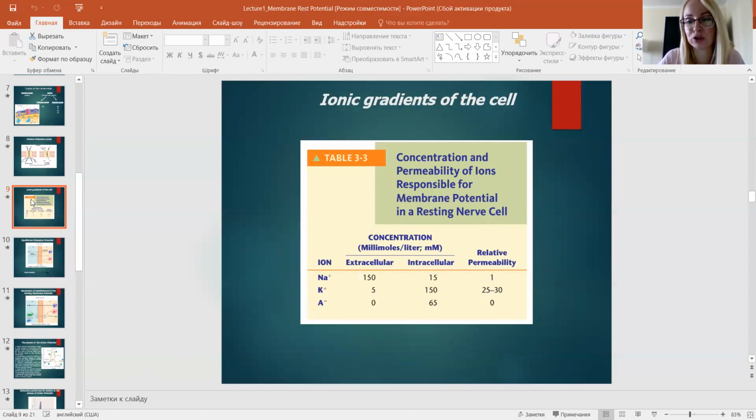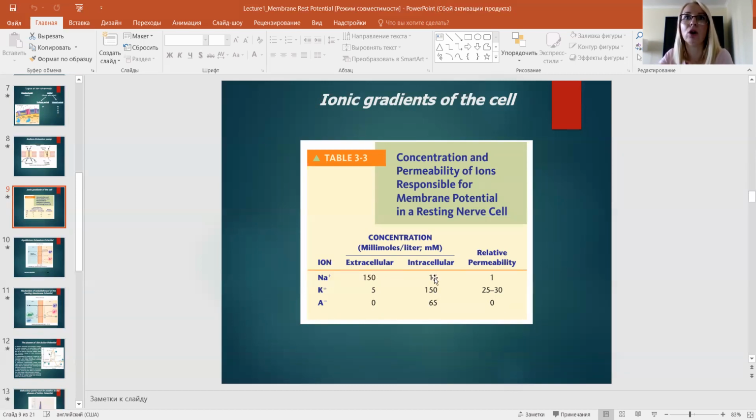So the sodium-potassium pump, as you understood, creates ionic asymmetry on both sides of the cell membrane. Let's look at this table for potassium concentration. You will see that potassium concentration inside the cell is about 30-40 times higher than in the extracellular space, and the sodium ions about 10-15 times lower than outside of the cell.